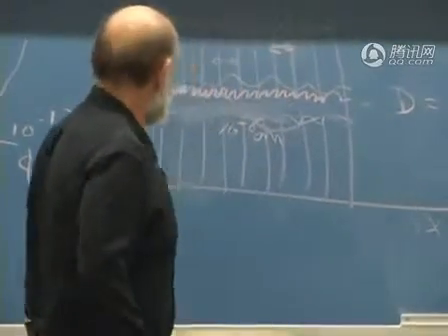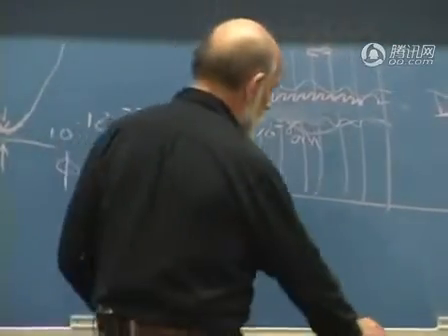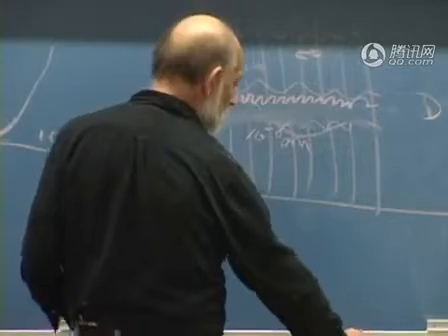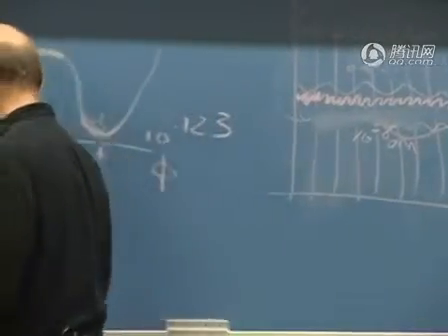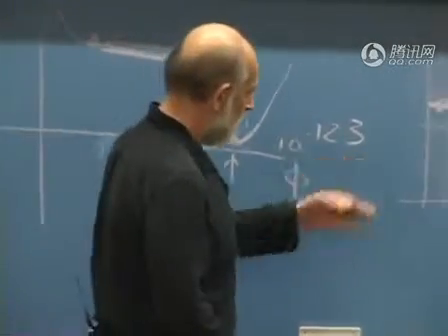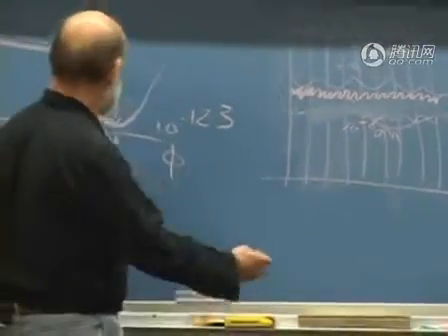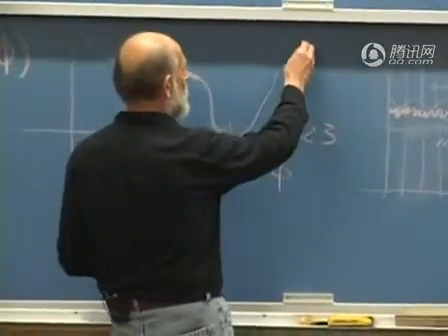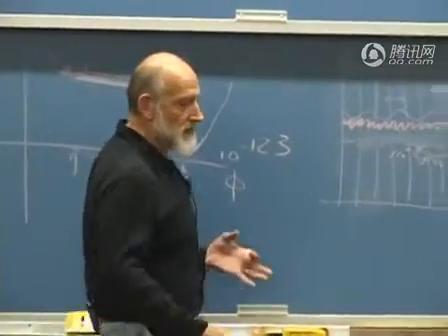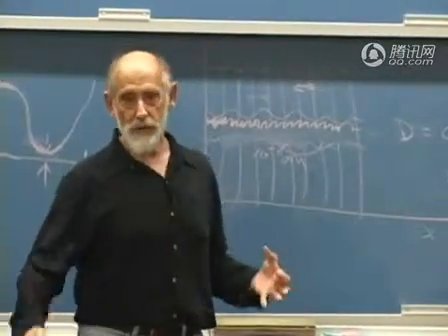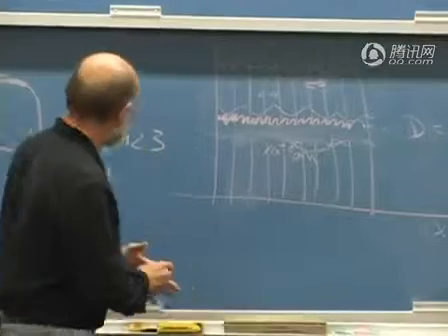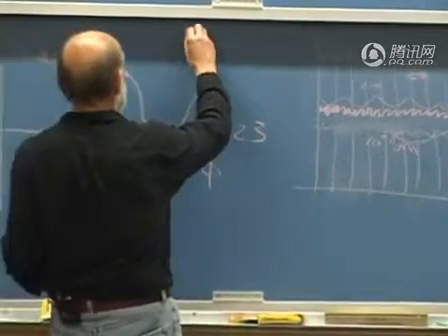All right, so let's draw what the horizon would look like. The horizon, what is the horizon? Let's work out the size of the horizon. The horizon is a distance that corresponds to the speed of light using the Hubble formula.